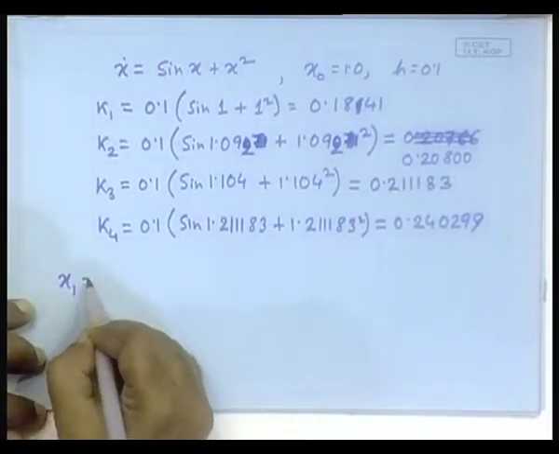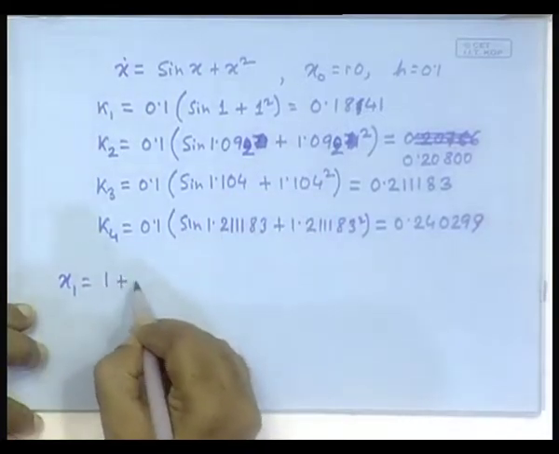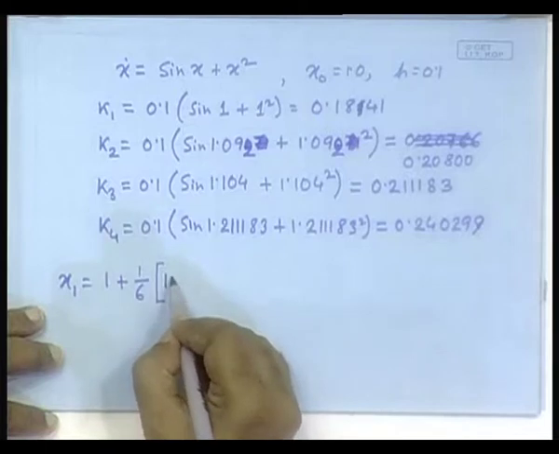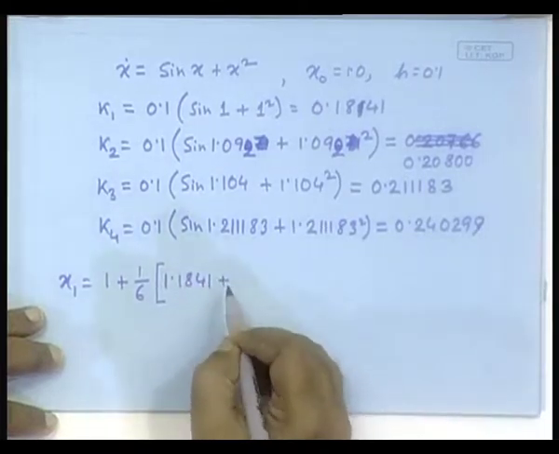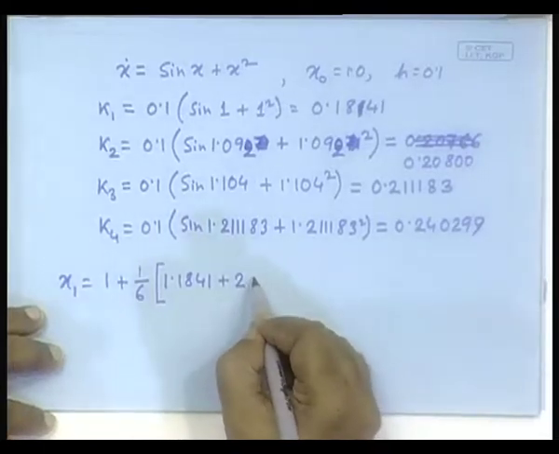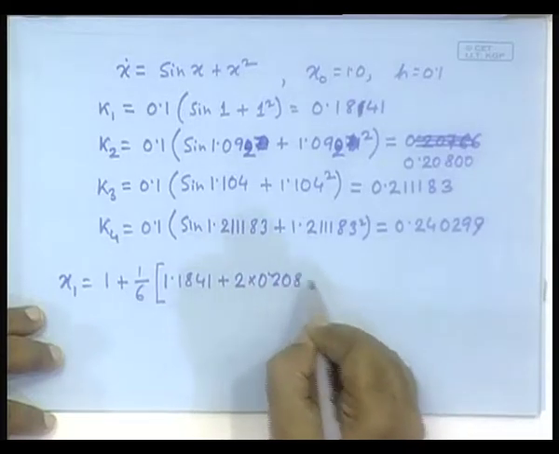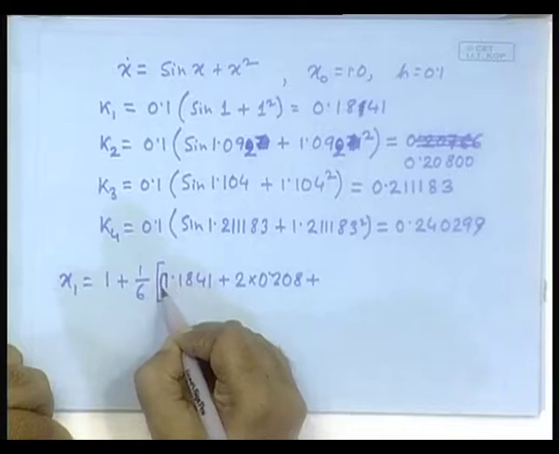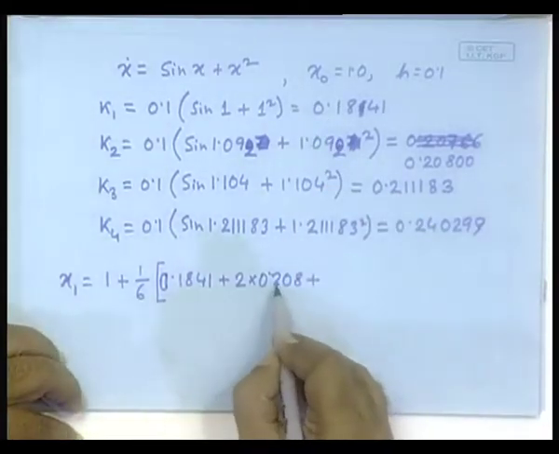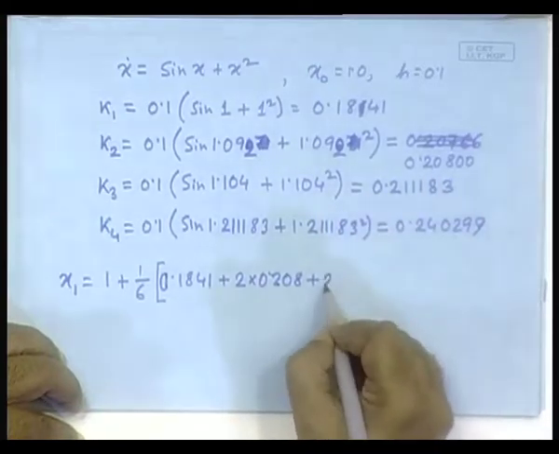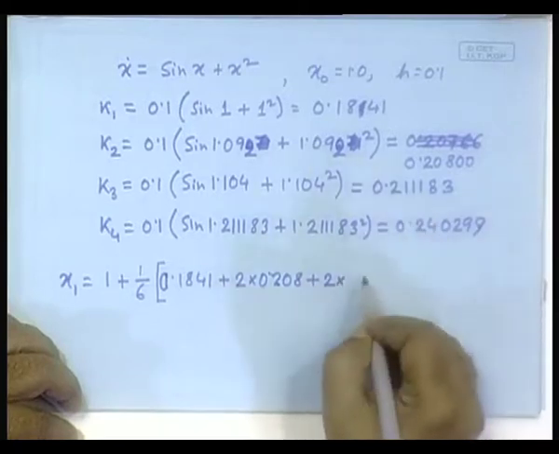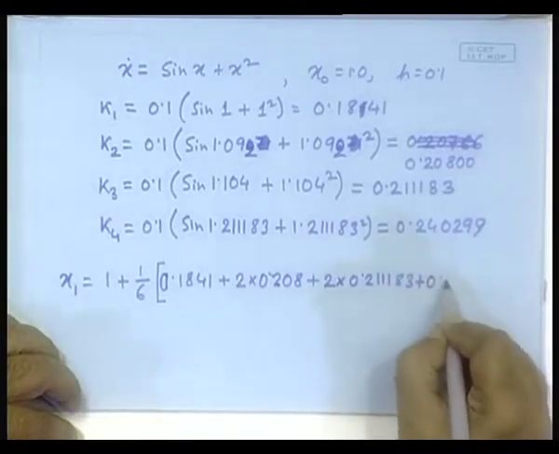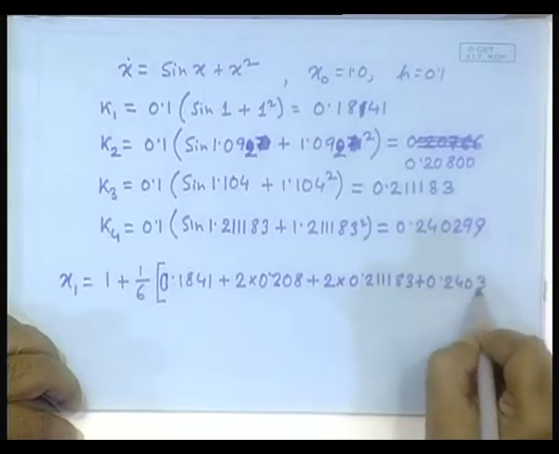Now, your x 1 will be x naught plus 1/6 of k 1, which is 0.1841 plus twice into 0.208 plus 2 into 0.211183 plus K4, which is 0.2403 maybe approximately.